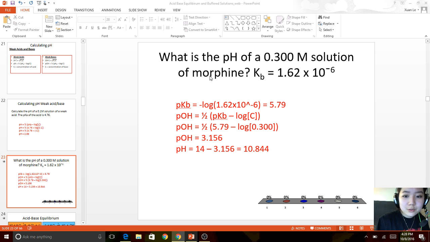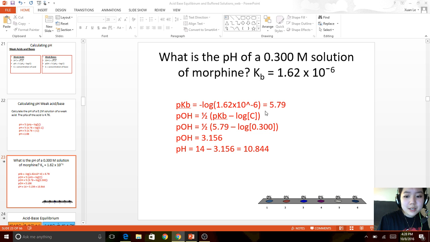Okay, so for this equation, to find the pH of the 0.3 molar solution of morphine, morphine is weakly basic. They give us the Kb value, and so what we're going to do is, we can't use Kb obviously, so we're going to have to convert Kb into pKb, which is just going to be the negative log of that value right here.